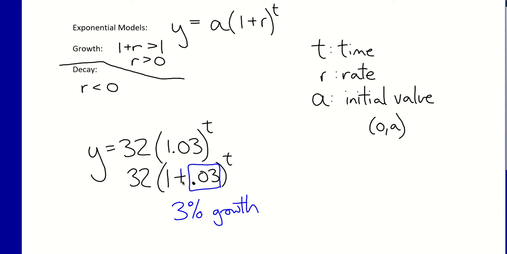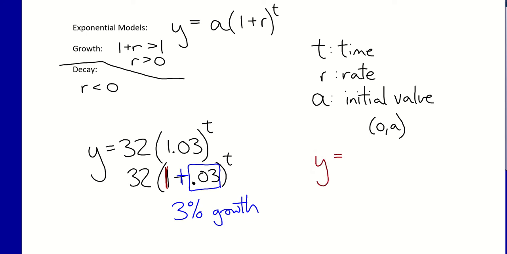I know it's growth because I'm adding it to the 1. The 32 would be the initial amount, which was not asked in the question. And the 1 here represents the 100% of the initial amount that you start with. Because if I don't add or subtract anything, then it's just going to be a constant line at y equals 32 there.